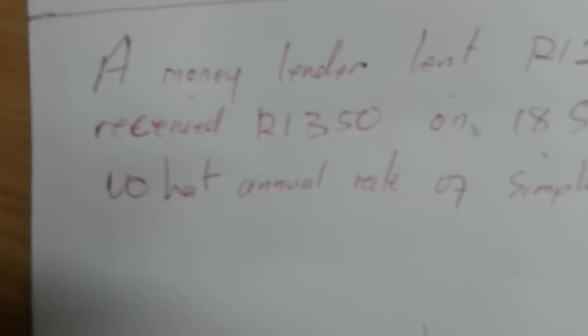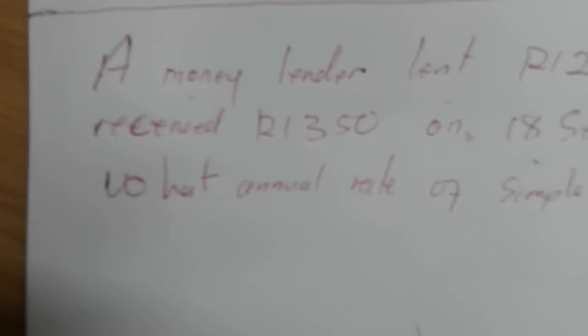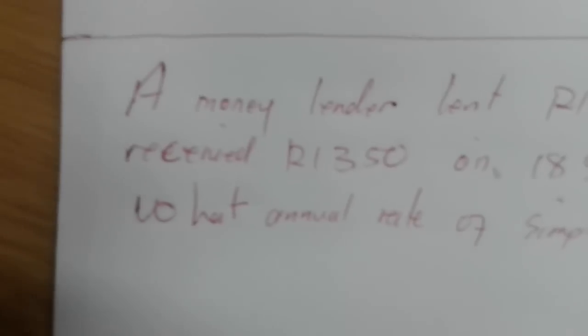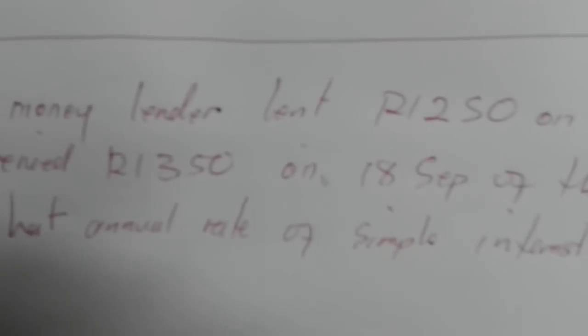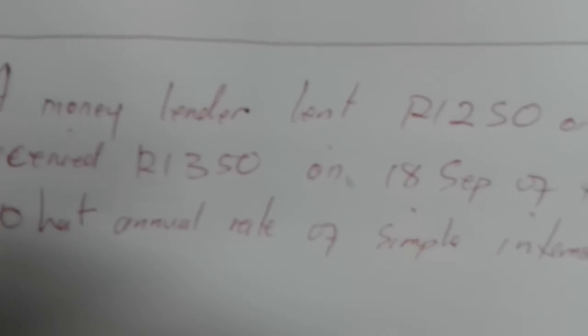So let's look at the first part first, which says what? A money lender gave money of 1,250 when? On 16 January. So quickly, I'm going to give you a few seconds to look at this.